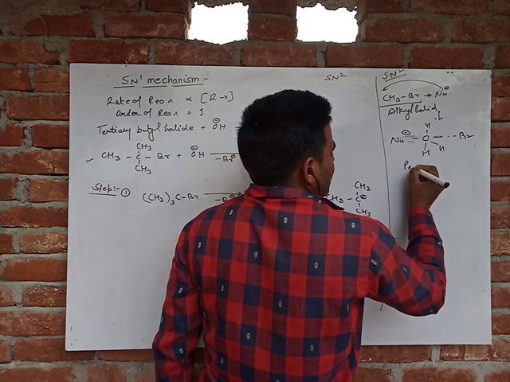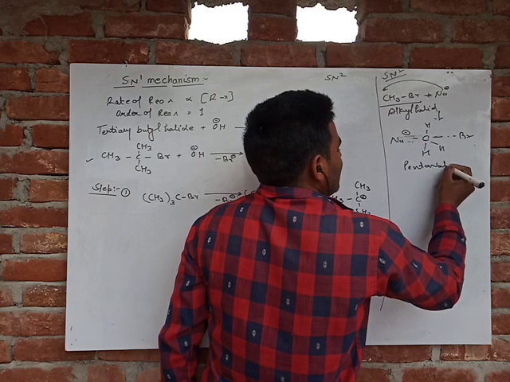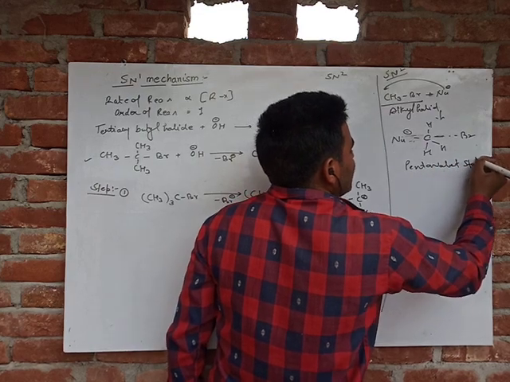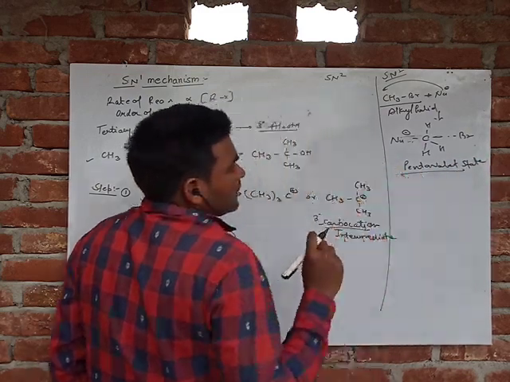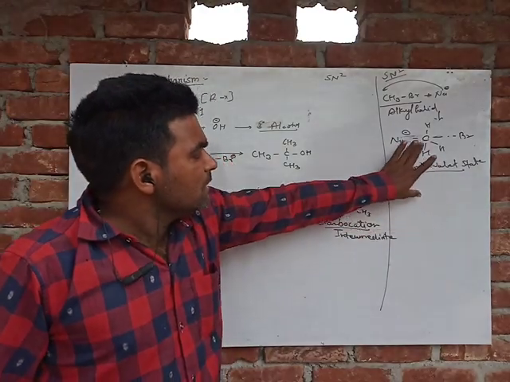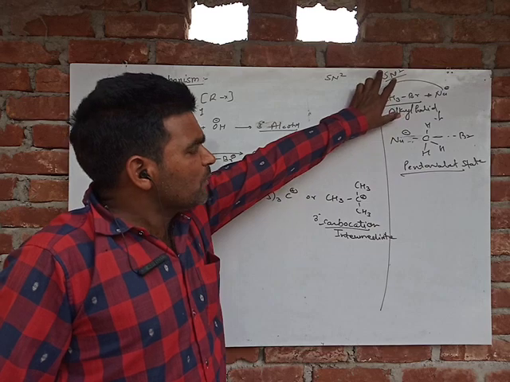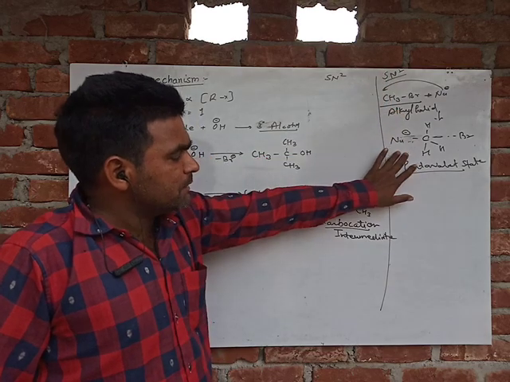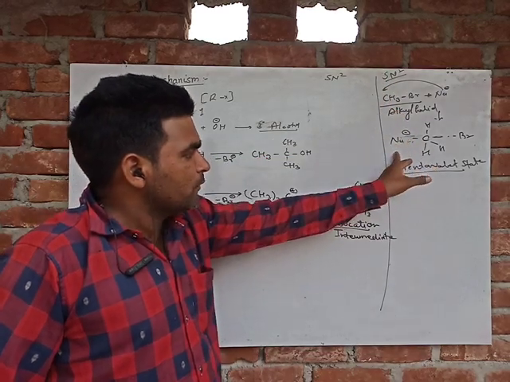This is the pentavalent state of carbon, which is the intermediate of the SN2 mechanism. This topic was discussed in the previous class.